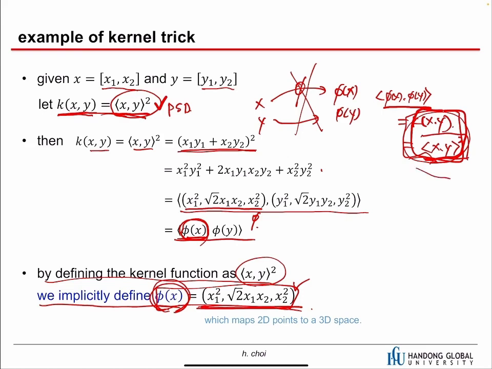We just define the kernel functions and assume that there is a nonlinear function. Applying this kernel function to two points corresponds to the inner product between phi of x and phi of y. Again, we don't use the nonlinear mapping phi, we just use kernel functions. But when we use kernel functions, implicitly we use the nonlinear function phi.